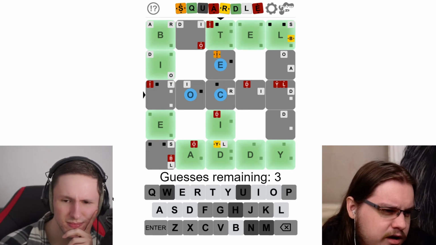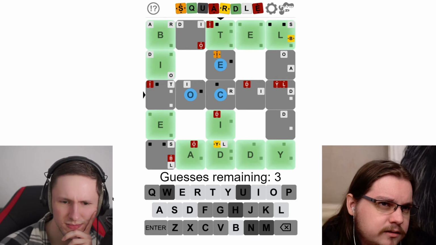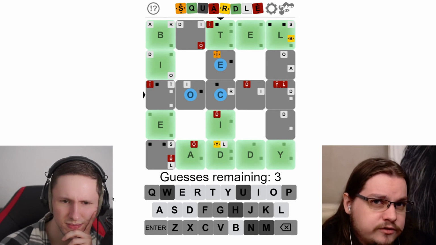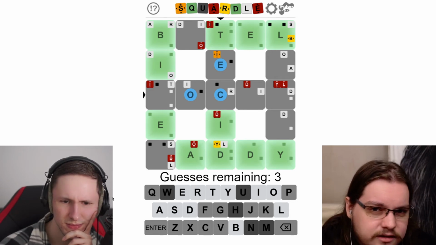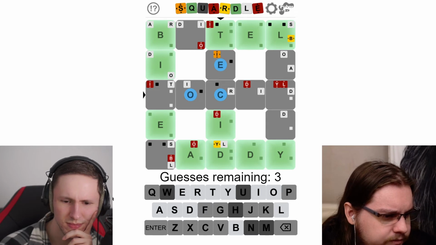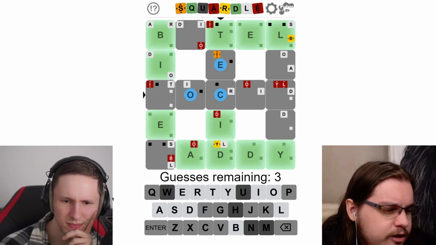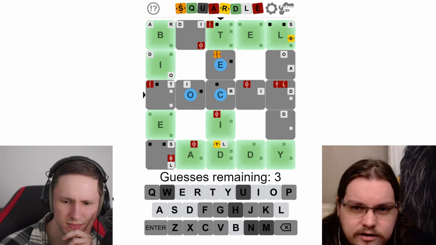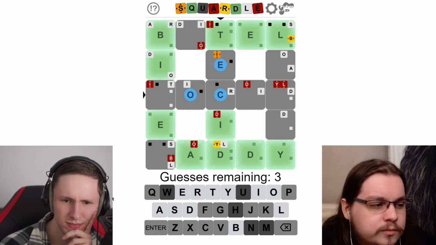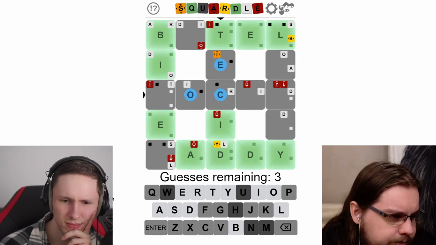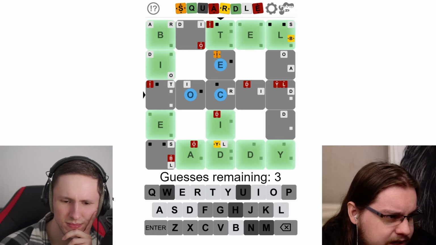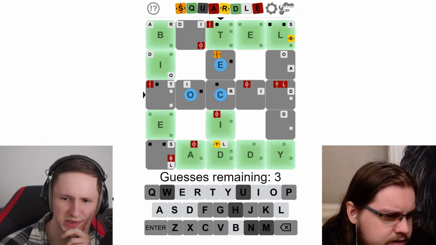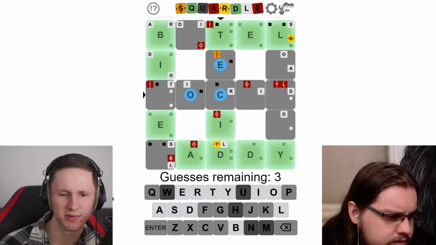J feels off, at least for an English word. Could be a foreign origin, like Spanish or French, but still seems unlikely. K would be possible. You know, bike, spiker. I mean, obviously, it's not either of those, but it could be possible. Z could surprisingly work, potentially.